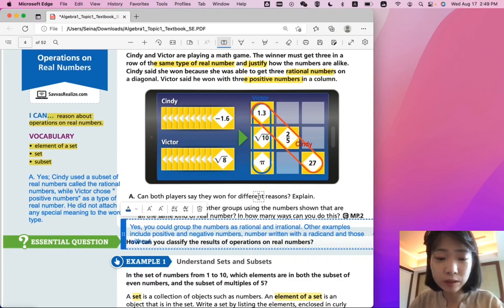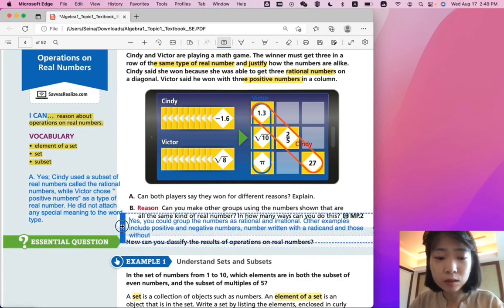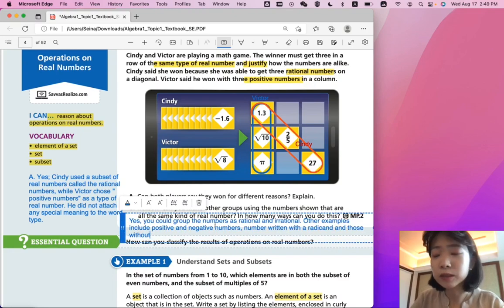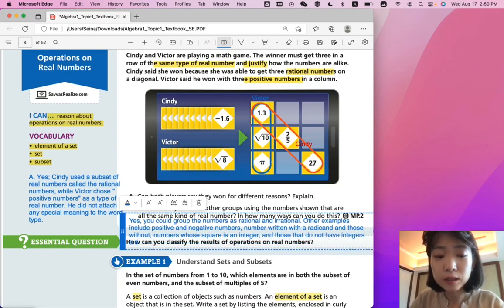Radicand is where you have the square roots and the numbers. Those without, numbers whose square is an integer, and those that do not have integers as squares. So this is part B.